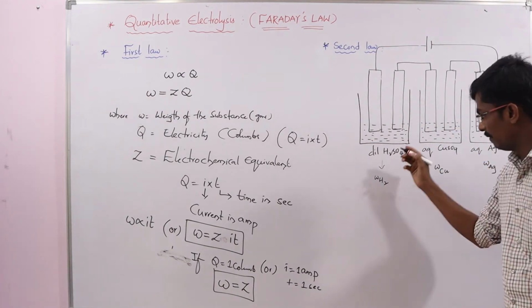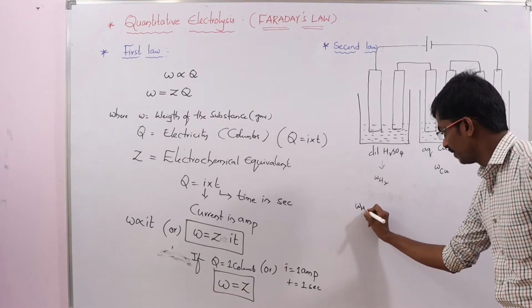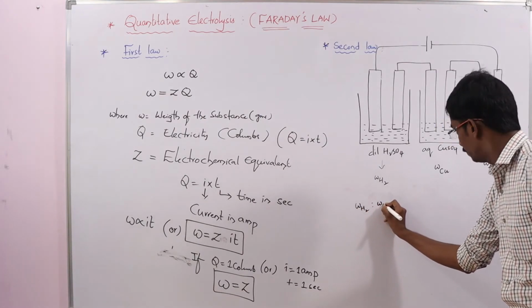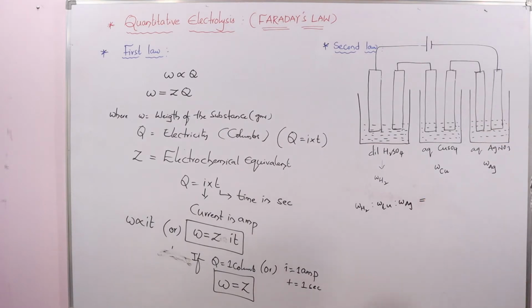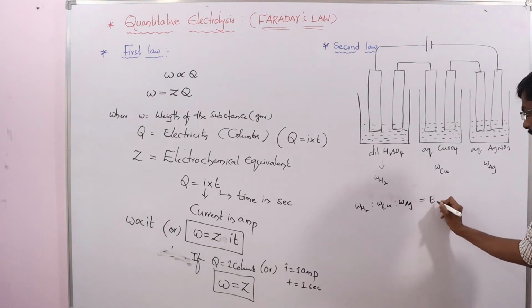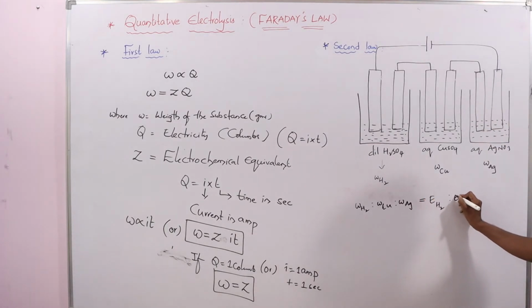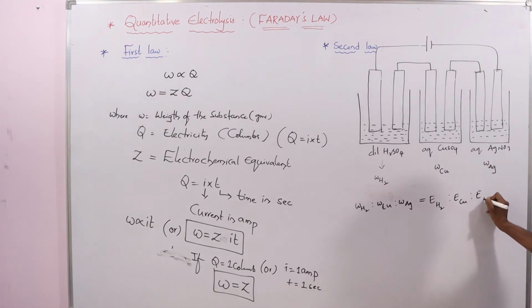For example, the ratio of these weights, W of H2, W of Cu, W of Ag, must be equal to the equivalent weight of hydrogen, equivalent weight of copper, equivalent weight of silver. Got it?